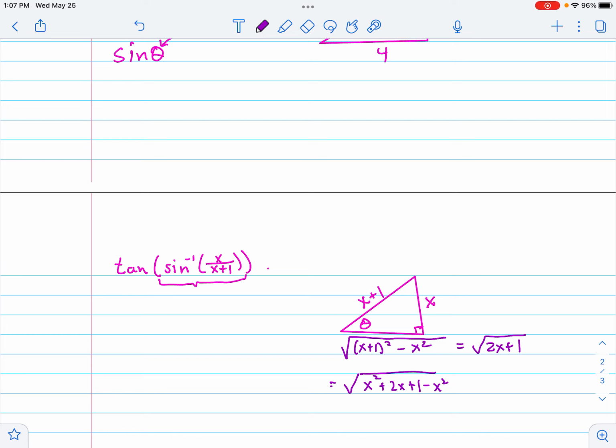So what we have here then is the tangent is going to be x over the square root of 2x plus 1. The key is you just think of this as an angle. And that's the way we do it. Those are a couple of main ways that you can be asked about trigonometric inverse functions.